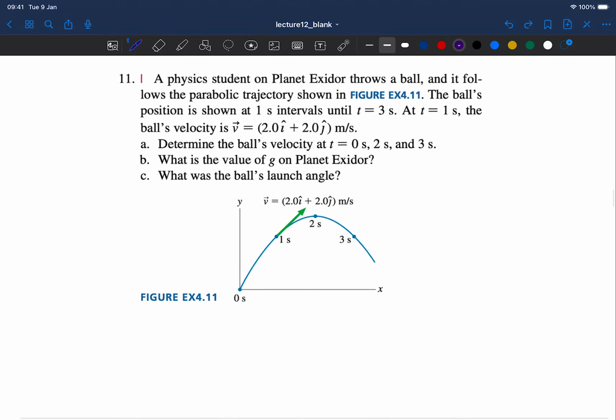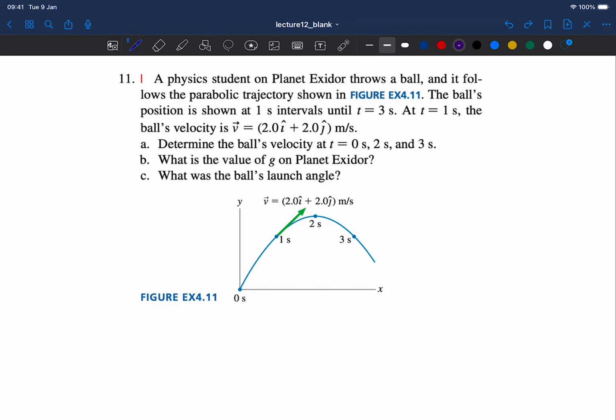So another topic that is surely going to be covered on the exam is projectile motion, which we covered a while ago, right? We have an object that is launched on an unknown planet.